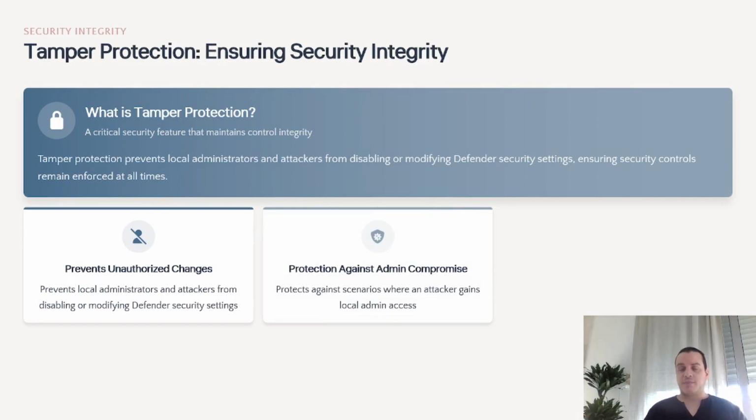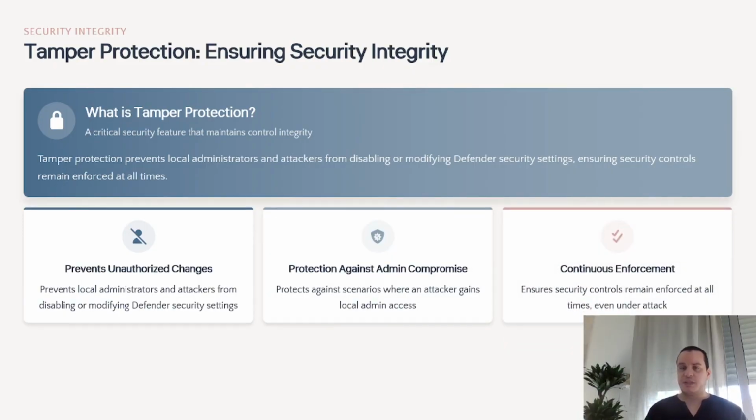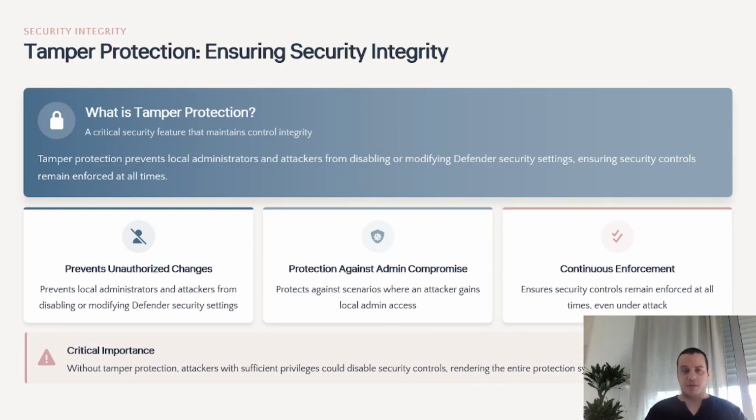It protects against admin compromise. So let's assume the admin got compromised, he will be prevented from doing anything. Continuous enforcement ensures security controls remain in force at all times, even under attack. Critical importance here: without tamper protection, attackers with sufficient privileges could disable security controls, rendering the entire protection system ineffective.